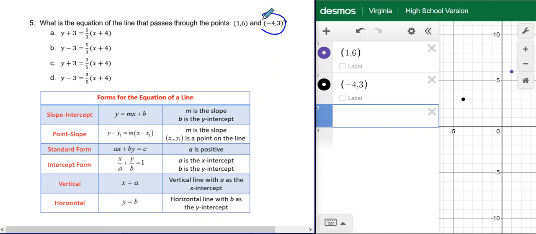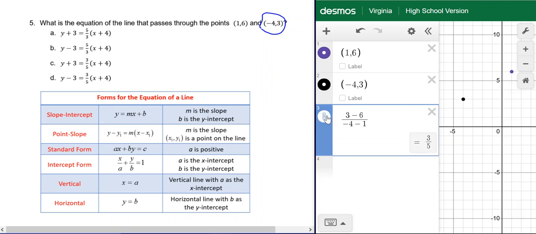I found the slope, which was rise over run, so 3 over 5, between C and D. I could also use the slope formula if you're used to it: 3 minus 6 over -4 minus 1.